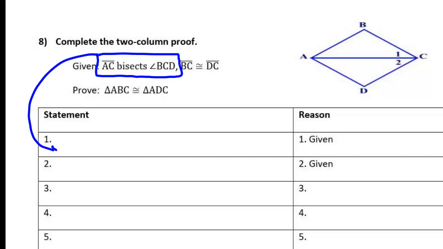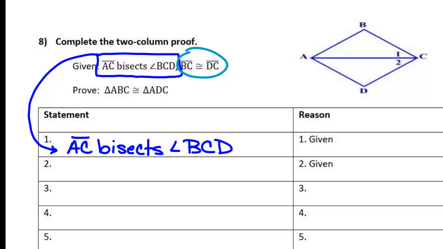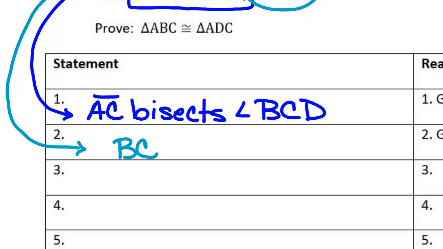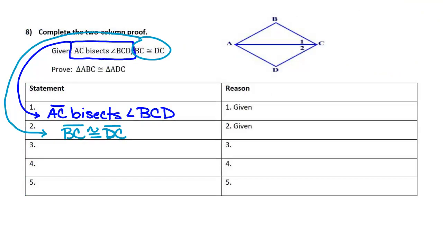I've got this piece here, AC bisects angle BCD. And then I've got this piece of given information that I'm going to put right below it. BC is congruent to DC.